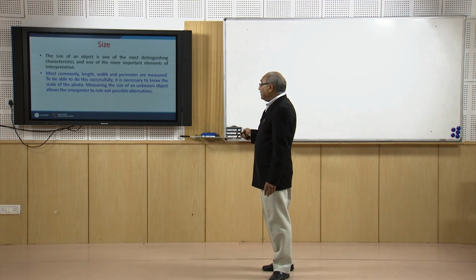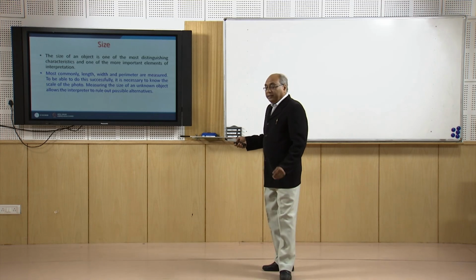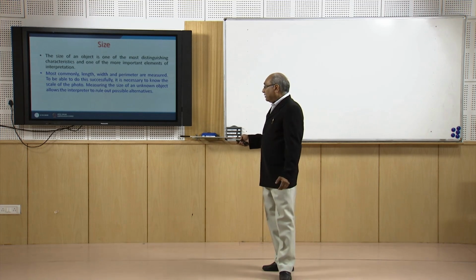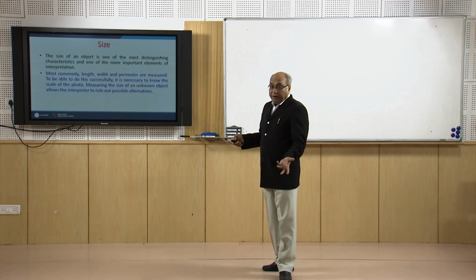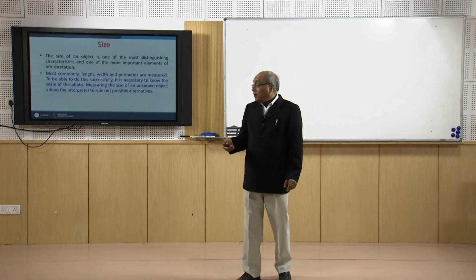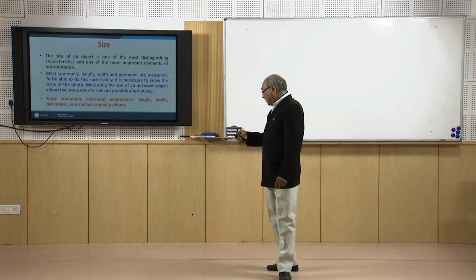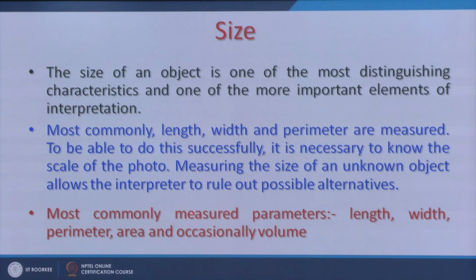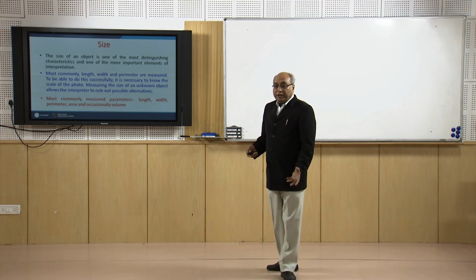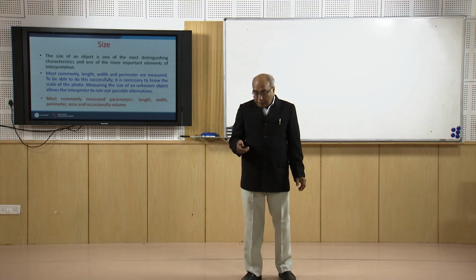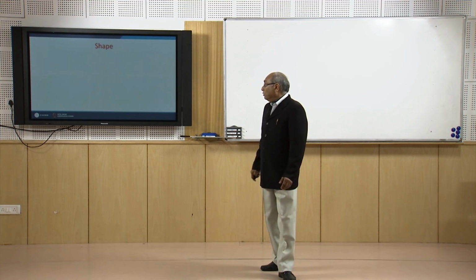Measuring the size of an unknown object will allow us to make correct interpretations and may provide possible alternatives as well. The most commonly measured parameters, as mentioned, are length, width, perimeter and area, and occasionally, in relation to water or other things, maybe the volume of the water.